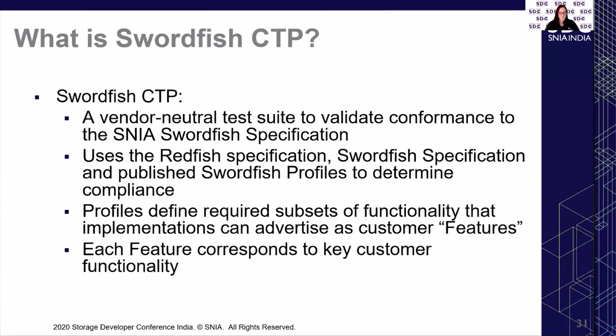It is also a vendor-neutral way to promote and validate your implementations and compliance to the Swordfish CTP test suite. That is done through participation in the CTP program and publication of your validated test results on the SNIA website.